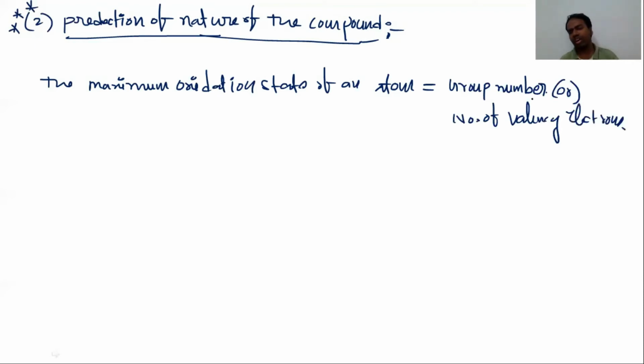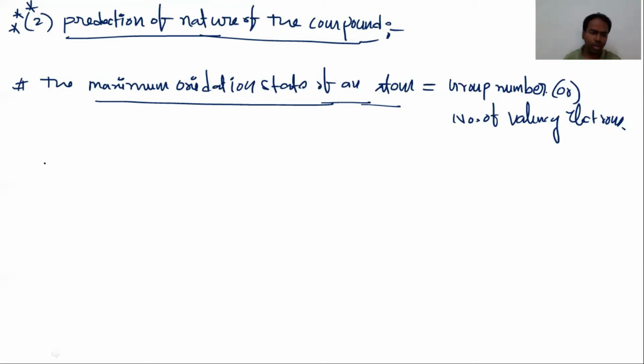For most of the S and P block, this is correct. The maximum oxidation state of an atom is equal to group number or number of valency electrons. So that means the maximum oxidation state of an atom does not exceed its group number. So maximum state is equal to group number.